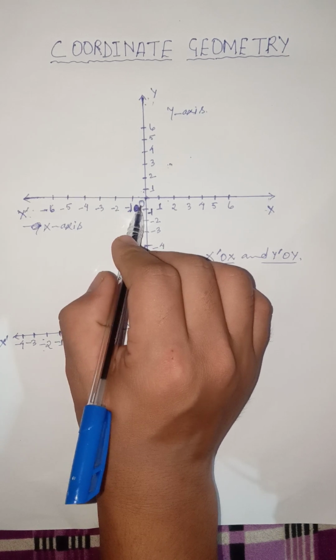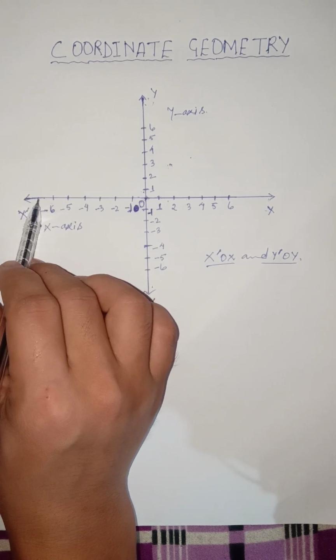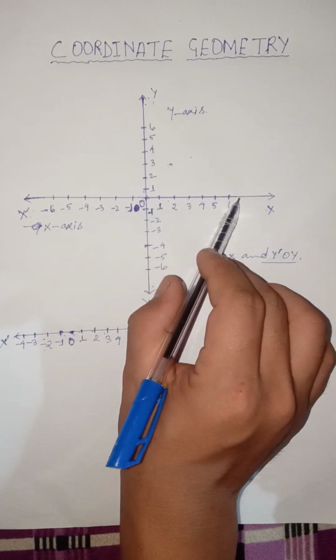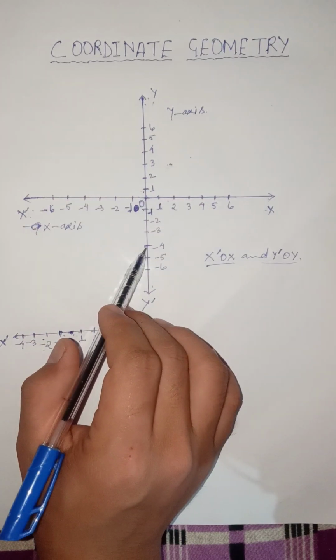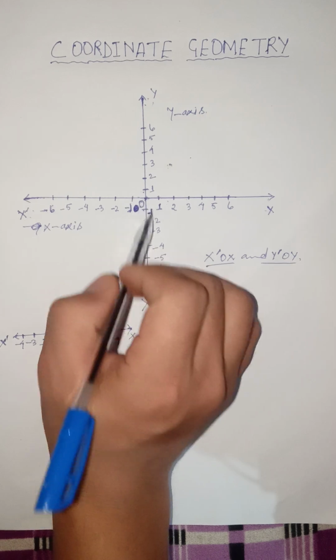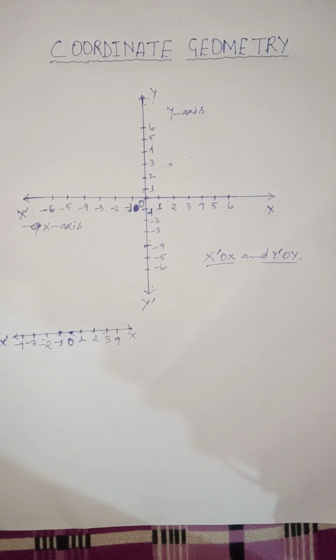Clear? Then the x-axis is the one in the horizontal direction, and in this other one we put y, and this vertical line we call the y-axis, right?